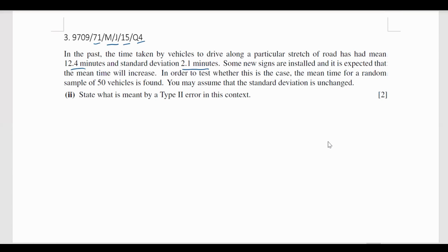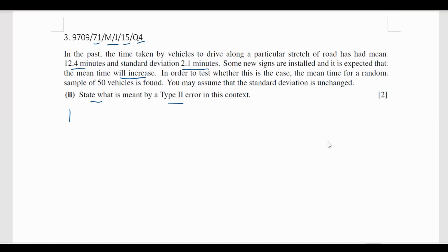Some new signs are installed and it is expected that the mean time will increase. In order to test whether this is the case, the mean time for a random sample of vehicles is found. You may assume that the standard deviation is unchanged. State what is meant by a type 2 error in this context.